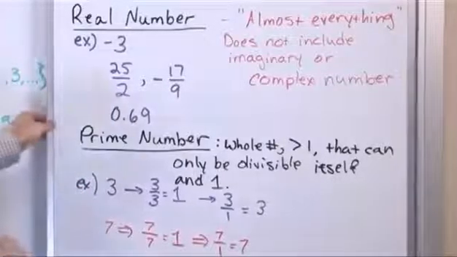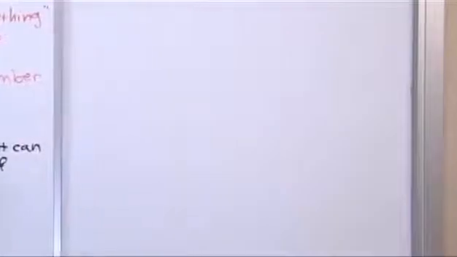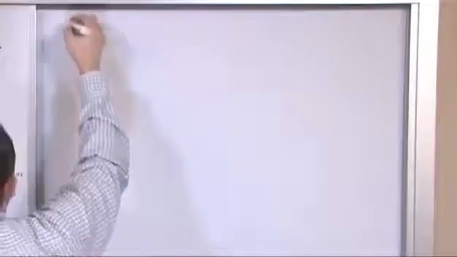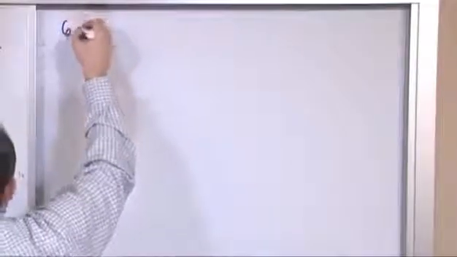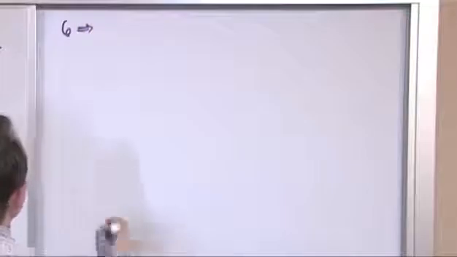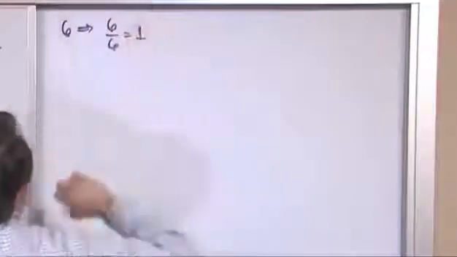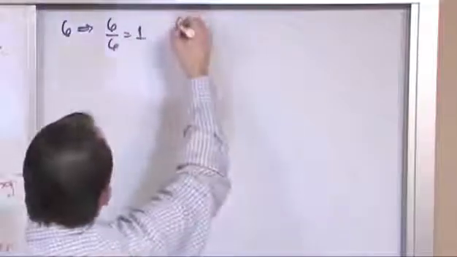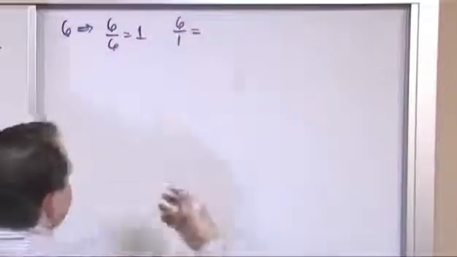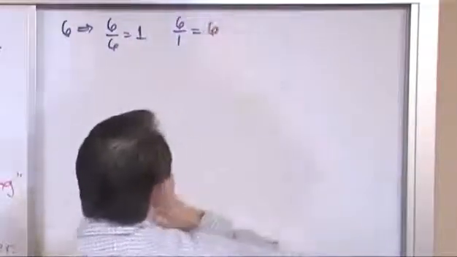So let's look at an example of a number that really isn't prime, and I think you'll understand the difference. Let's look at the number 6. Is 6 prime? That's the question. So let's see. 6 can be divided by 6, and that goes one nice even time. 6 can be divided by 1, and you get the number 6.